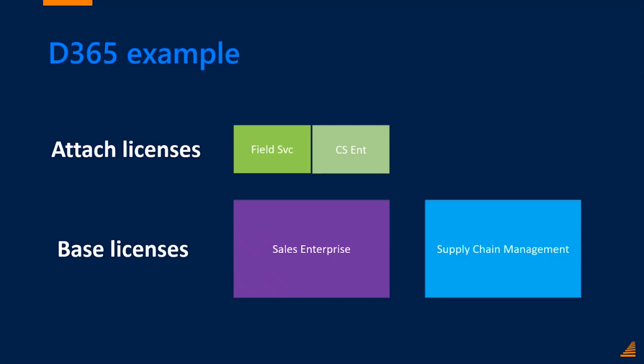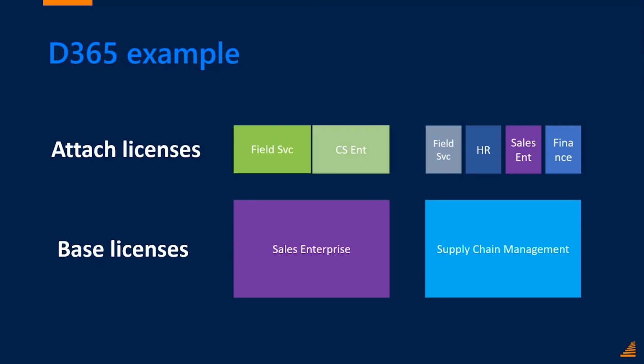Or if they chose Supply Chain Management, then they could have Field Service, which is also available in the other example, but then there are other ones which can sit on top of that as well. So you can mix and match them within the rules that we saw. You can have multiple attached licenses on top of a single base license.